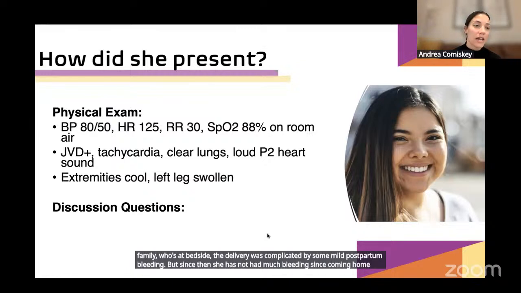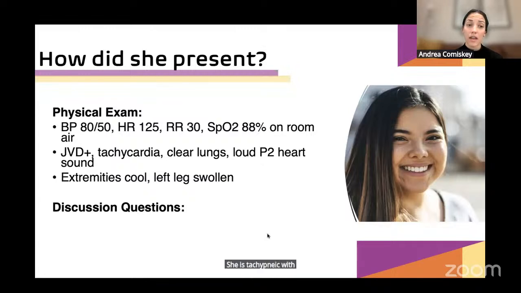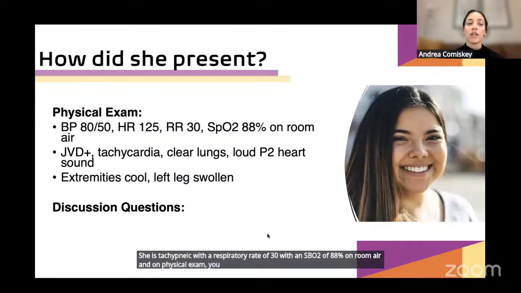When she arrives, her blood pressure is noted to be 80/50 with a heart rate of 125. She is tachypneic with a respiratory rate of 30 with an SpO2 of 88% on room air. On physical exam, you note that she does have jugular venous distension, or JVD.